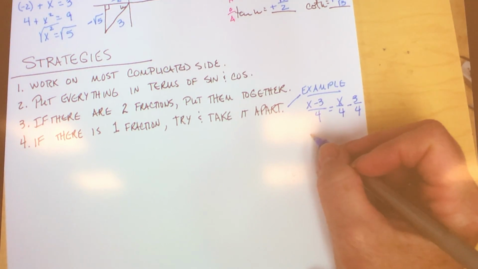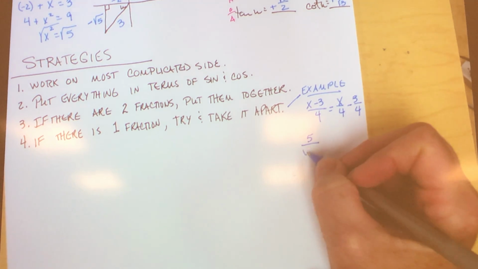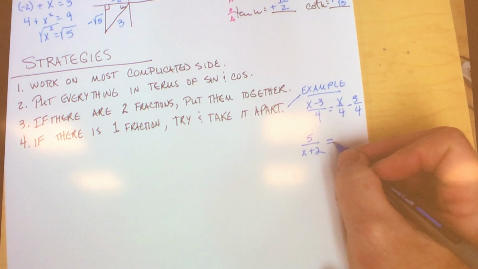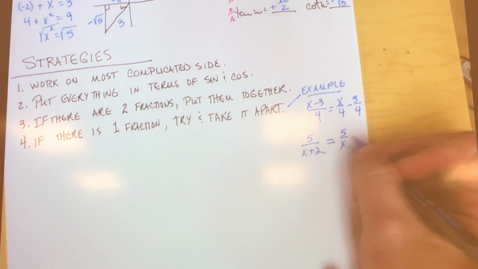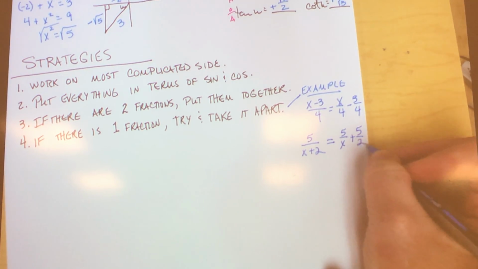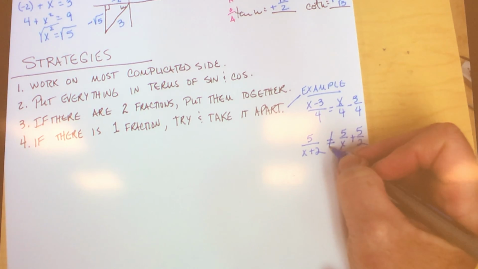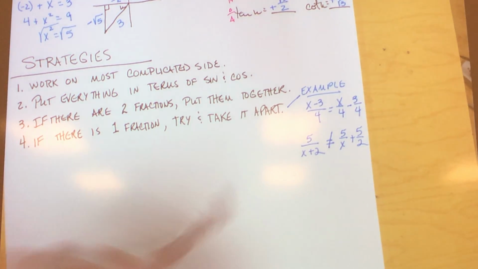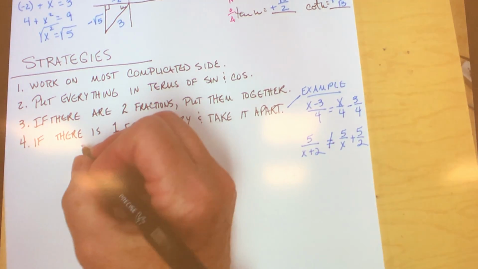What if I have 5 over x plus 2? Is that the same thing as 5 over x plus 5 over 2? No, it is not. Okay? So what do I need to remember when I use this one right here?